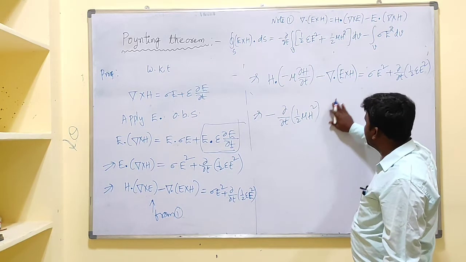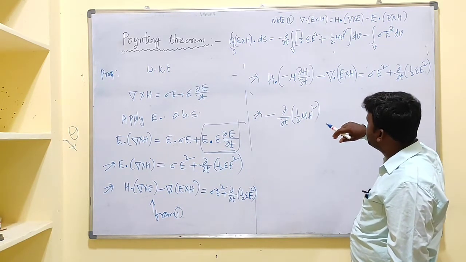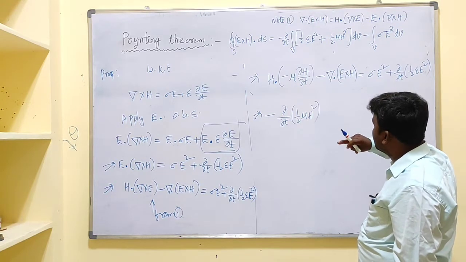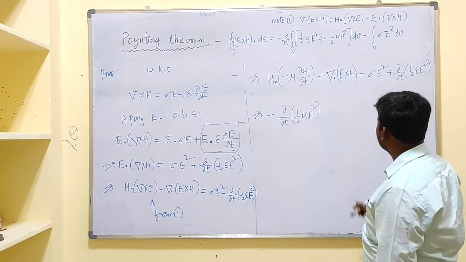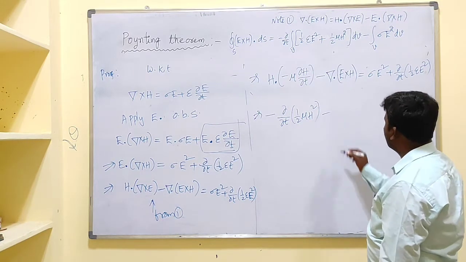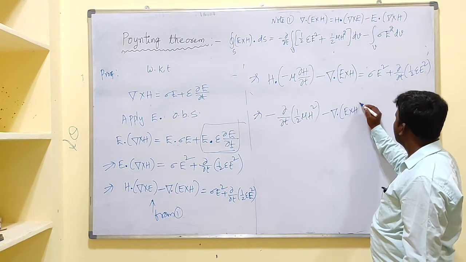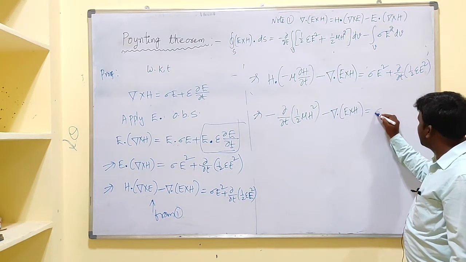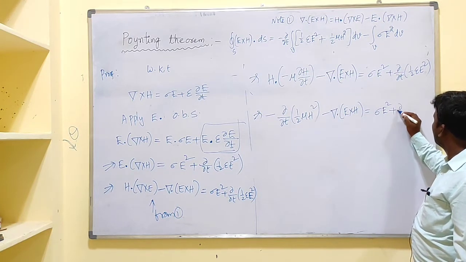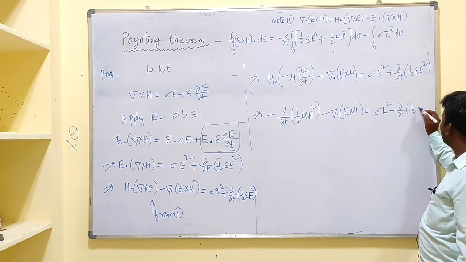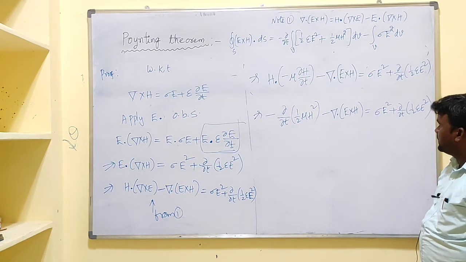Now let us go for this: ∂/∂t of (1/2 μ H²) minus ∇·(E×H) is equal to σE² plus ∂/∂t of (1/2 ε E²).